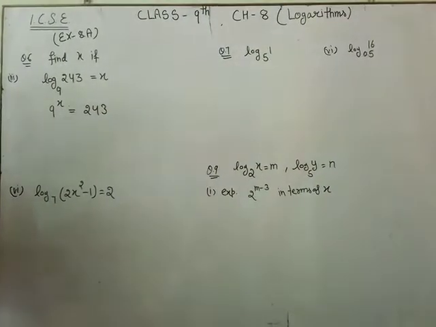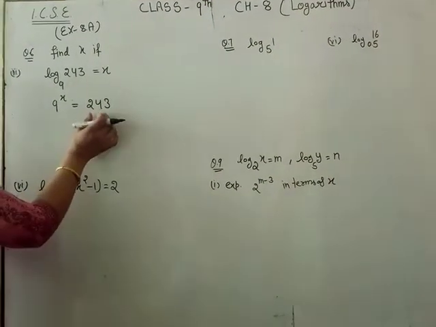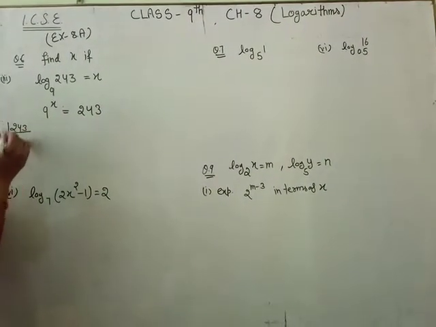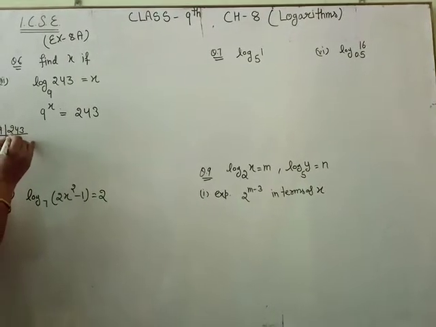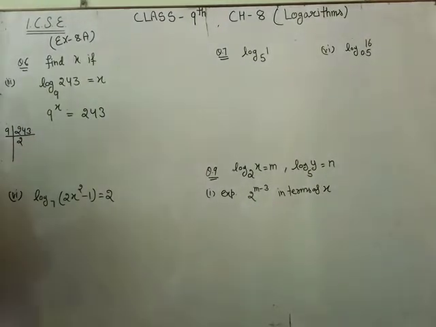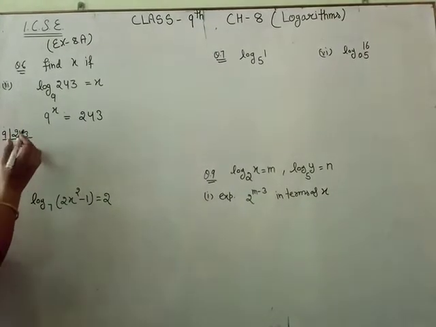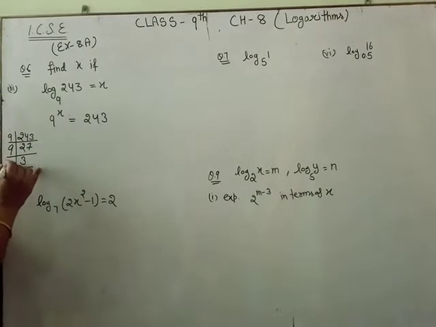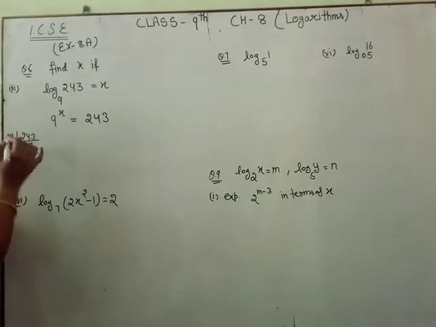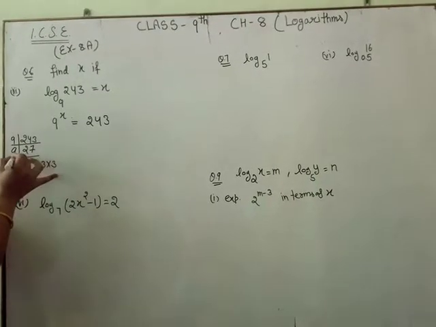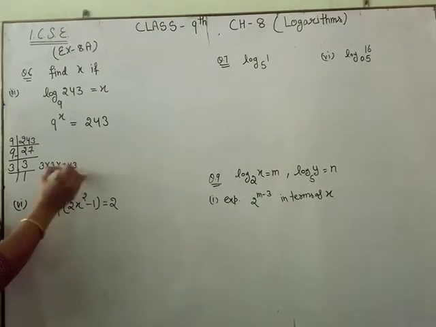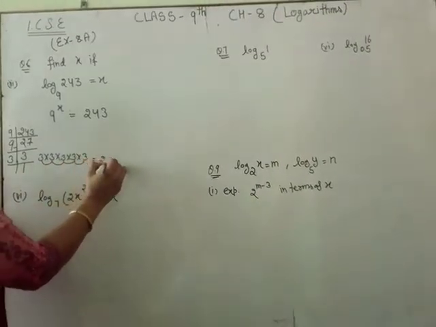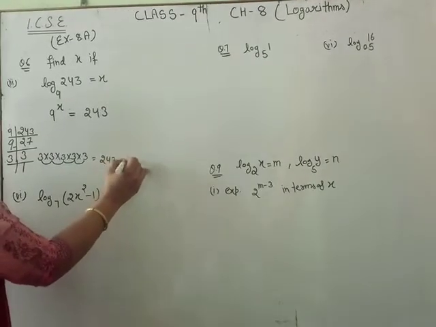Okay, 243. First we factorize 243. Dividing by 3 repeatedly, 243 equals 3 raised to the power 5.